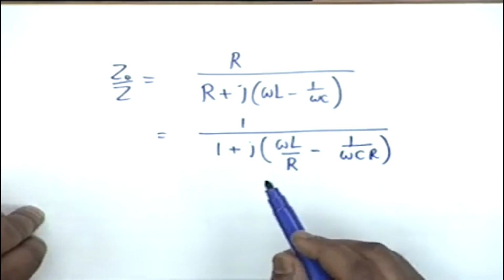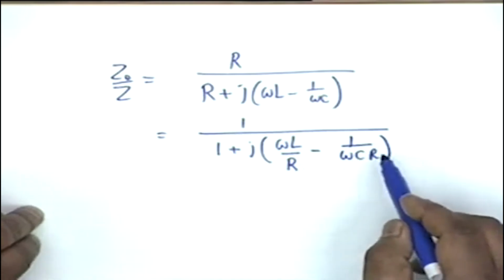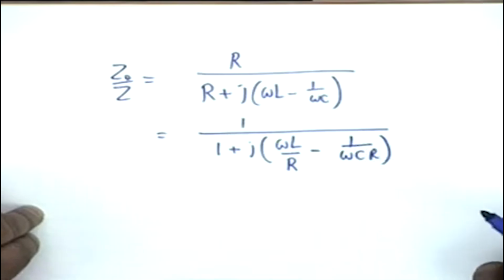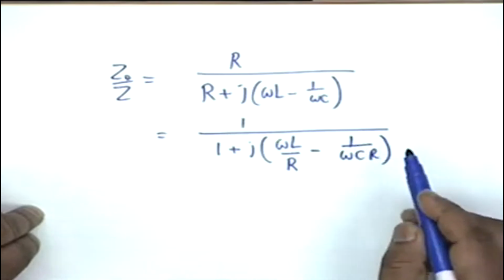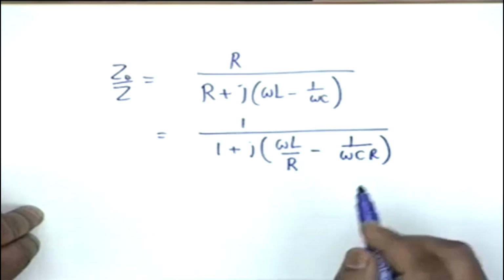This is in ohms, this is in ohms. Similarly, 1 by omega C R, 1 by omega C is in ohms, divided by R, so that's also dimensionless. It has to be, because you're adding one quantity to the other, they have to be of the same dimension.